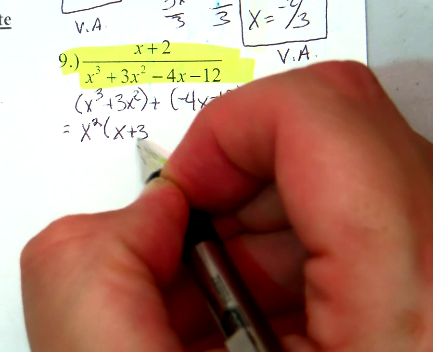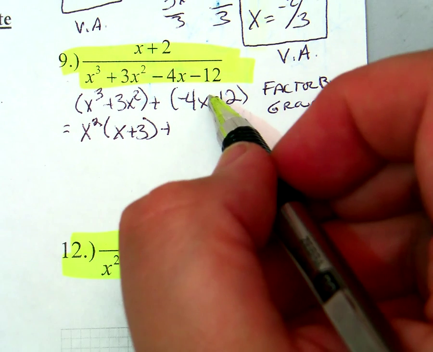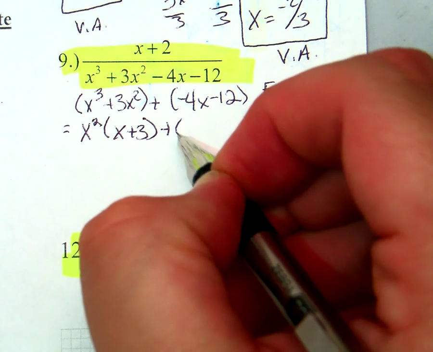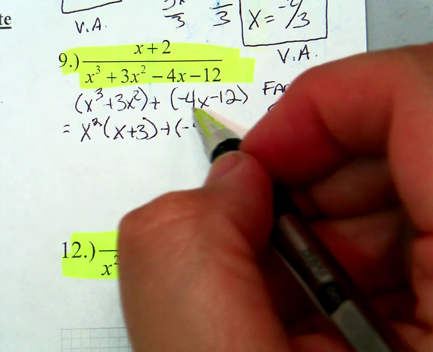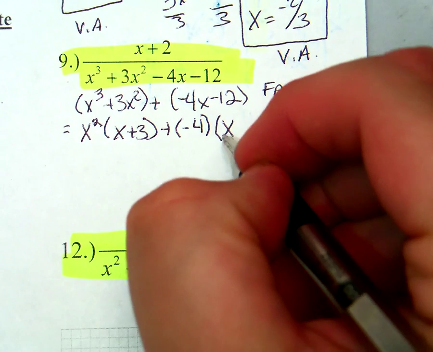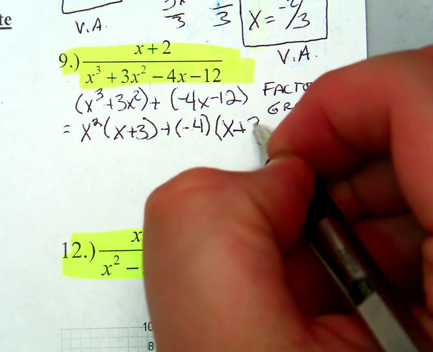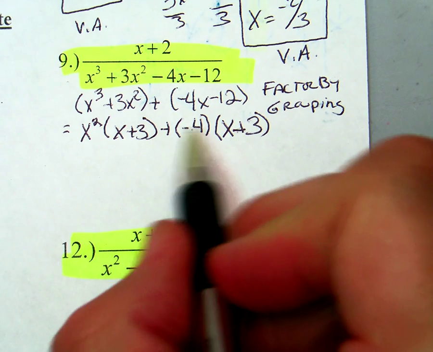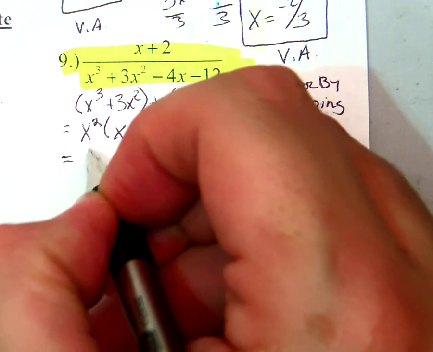Now I have a negative 4x minus 12. I'm going to factor out a negative 4 because it's negative and negative. And then if I divide it by that, that's a positive x. Negative 12 divided by negative 4 is a positive 3. Did I get the binomial that I wanted? Absolutely. So I'll take out that x plus 3, but I'm left with x squared minus 4.